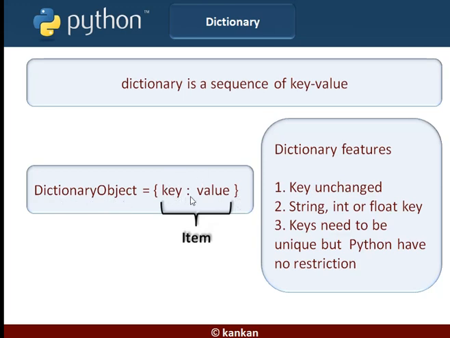Key and value together is an item of the dictionary object.